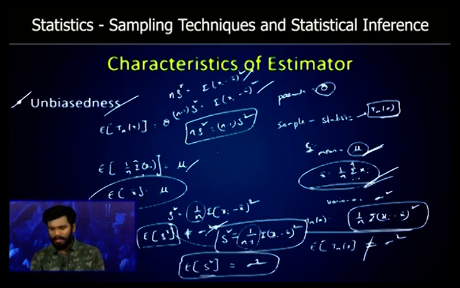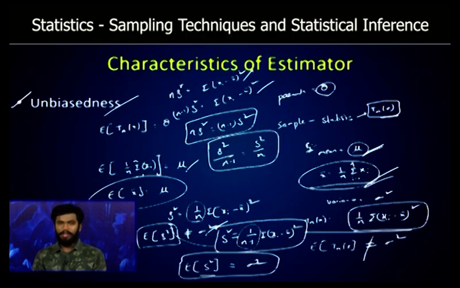And you can write in this other form: small s square by n minus 1 is equal to capital S square by n. This is also you can write. So the relations you have to remember are the relation between small s and capital S, and that expectation of capital S square is equal to sigma square, but expectation of small s square is not equal to sigma square. So the statement is very, very important.